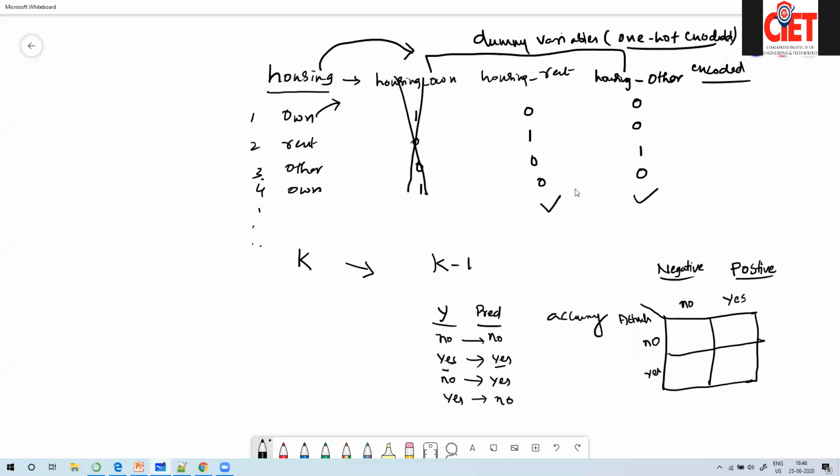If someone takes the COVID test, if the test says positive, what does that mean? The person is infected. The person has the virus. If the person is not infected, the test result is called negative. So that's how, if we predict an event, and yes is an event, if we predict an event, it's called positive. If we predict a non-event, it's called negative.